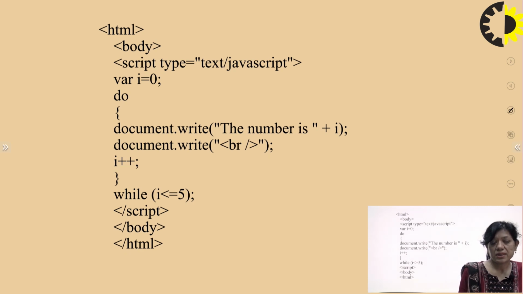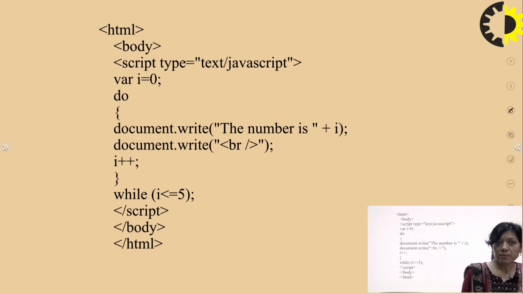But the difference between while and do while loop is that while loop runs only when the condition is true. When the condition becomes false, we terminate the loop. But do while loop will run at least one time even for a false value, as you can see in this example. When the value of i becomes 6 in the block of code, we then check the condition.